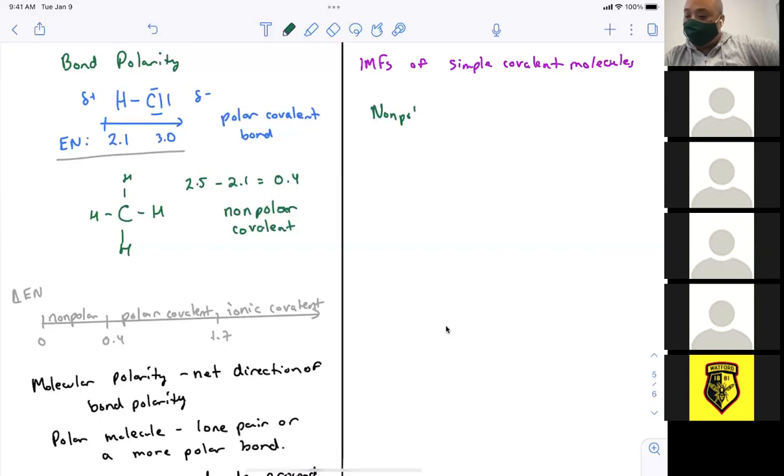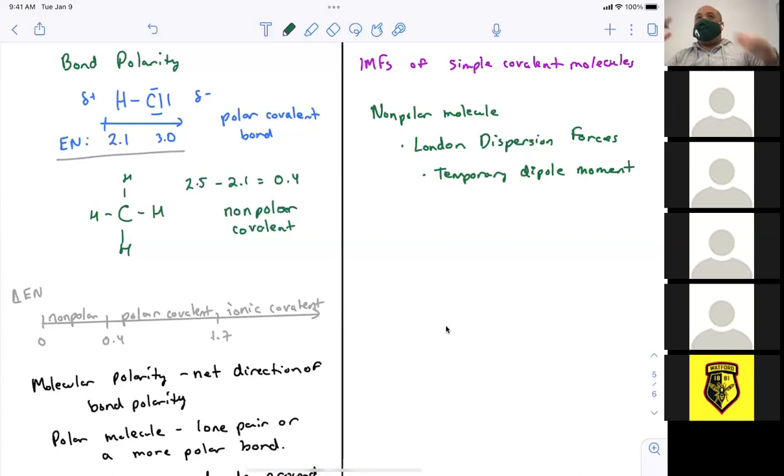If you have a nonpolar molecule, it's automatically the strongest force is London dispersion forces, which have a temporary dipole moment, meaning that the positive and negative aspects of the molecule fluctuate on and off constantly. And so the attraction is really, really weak. And these are dependent on mass.